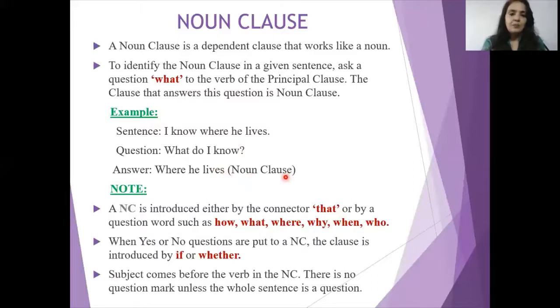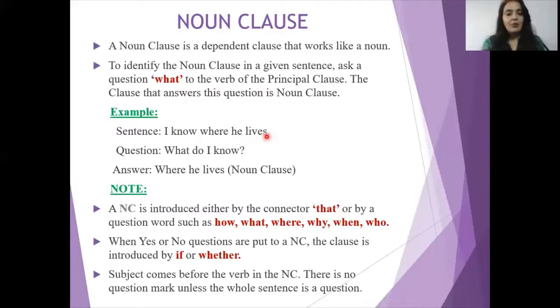So I know is the principal clause, and where he lives is the noun clause. How do we recognize it? By asking the question to the verb of the principal clause, and whatever answer we get is the noun clause.